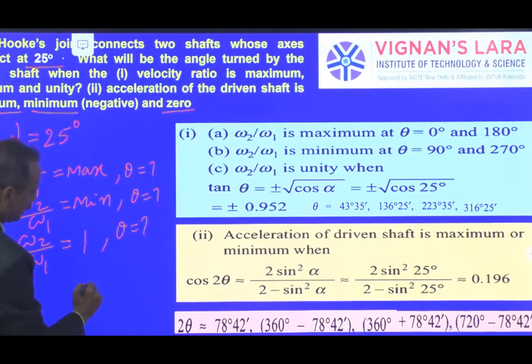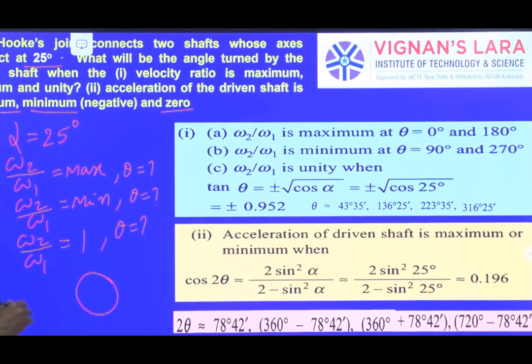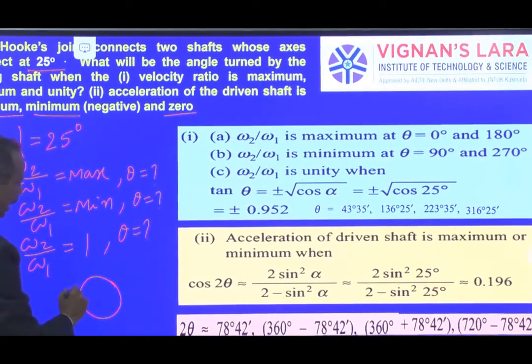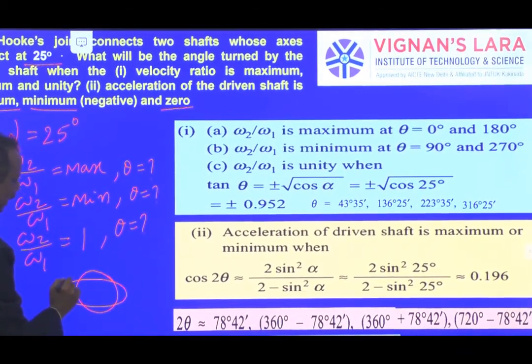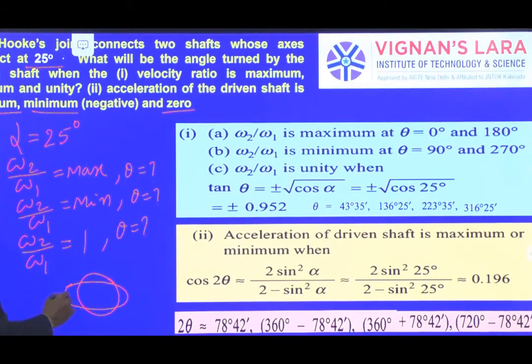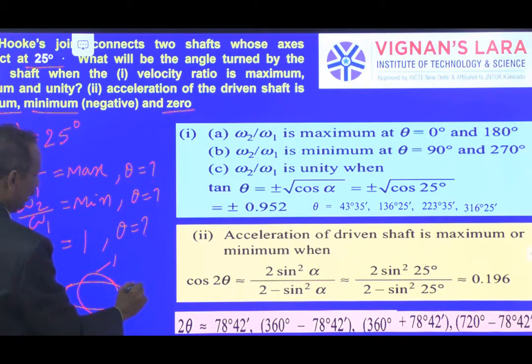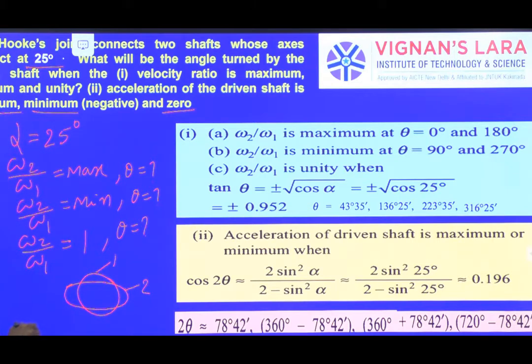So this is the driver shaft, which revolves with a constant speed, whereas the driven shaft will vary like this. Driver is 1, driven is 2, isn't it?